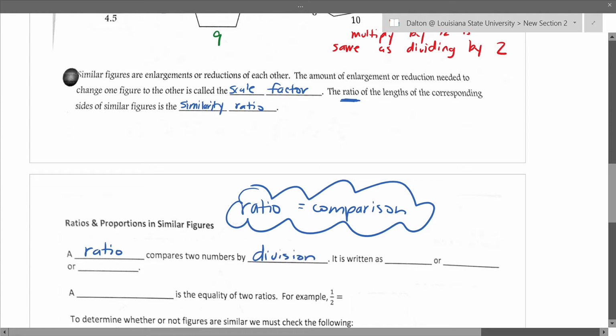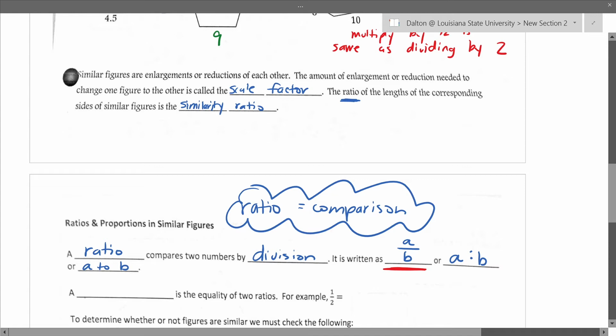It is written as, we can write it as a fraction like A over B, or back when you learned about ratios, we also learned that we could do A to B written with a colon, or we could literally write the word to by saying A to B. Typically the one we're going to write though is A over B in fraction form, so you're going to see this one mostly. We won't really use the other ones.